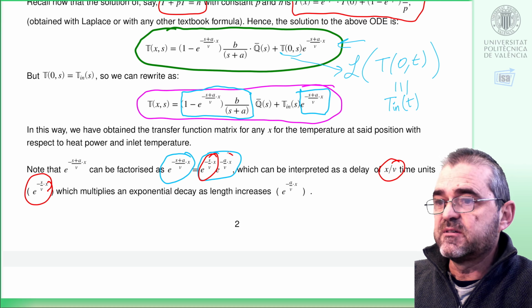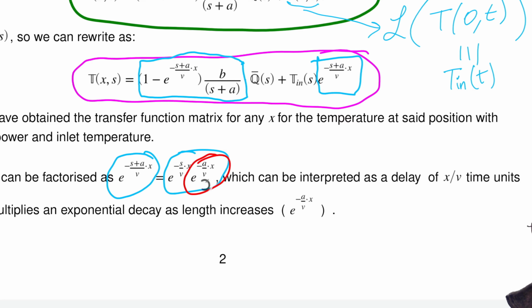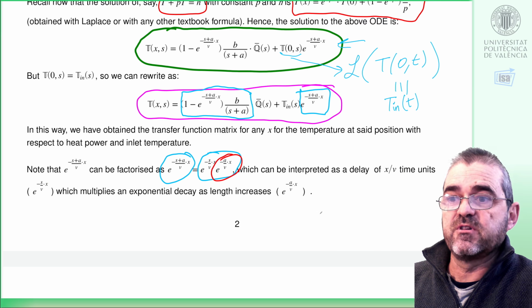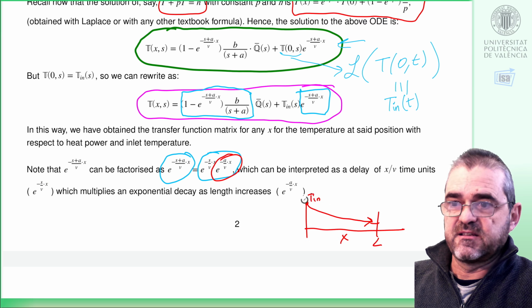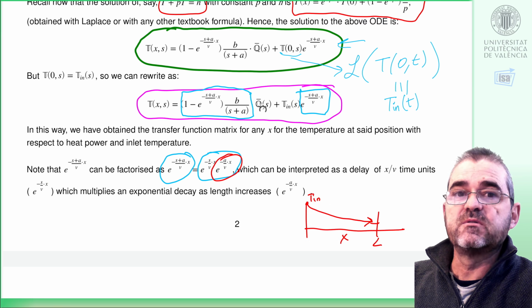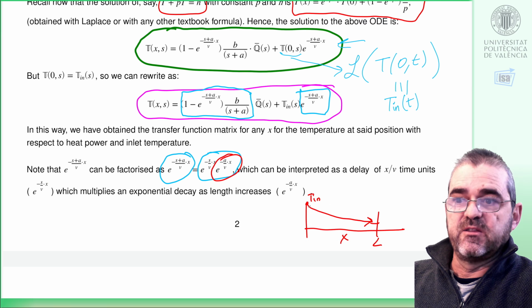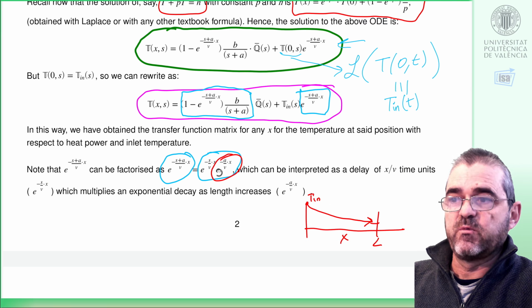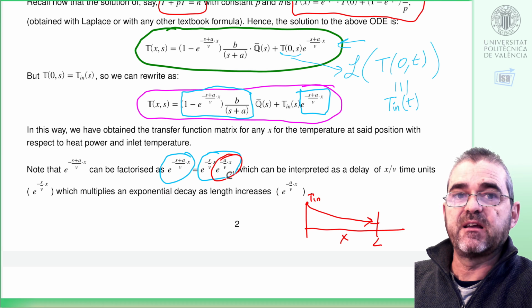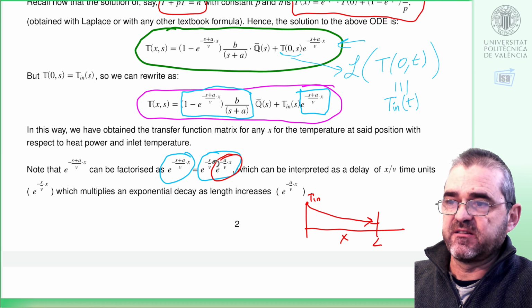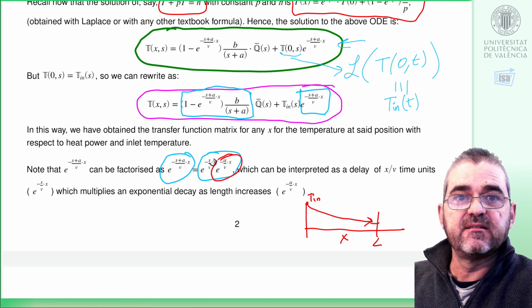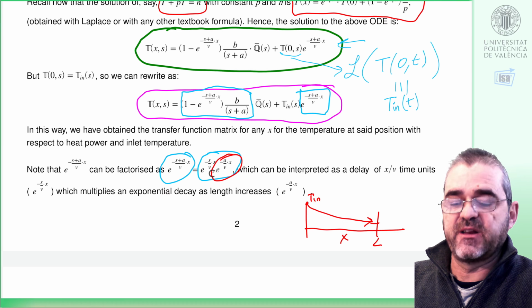The second term is an exponential decay due to the heat conduction to the outside as length progresses. From the inlet temperature, if heating power is 0, it will be progressively decaying with this exponential term in length, and also, it will be felt with a particular time delay, as this other term explained.